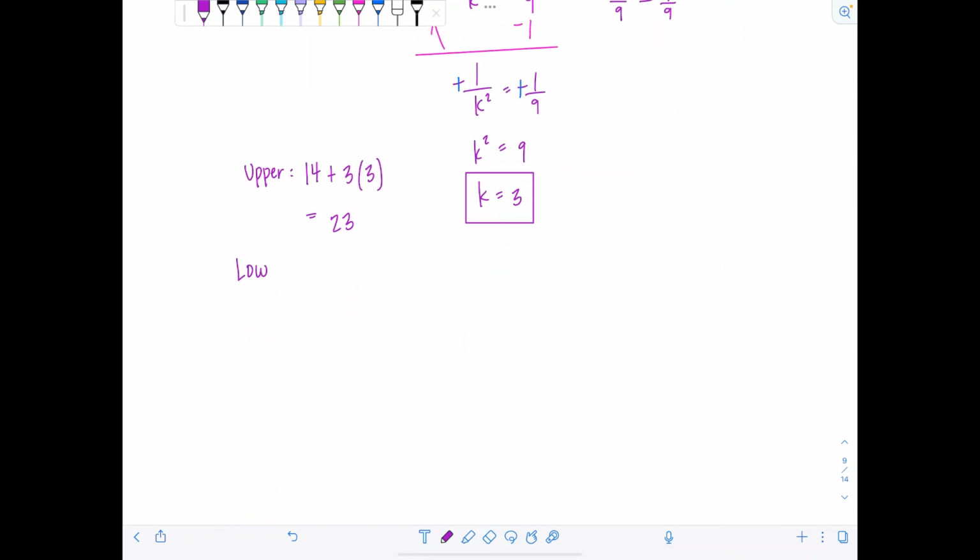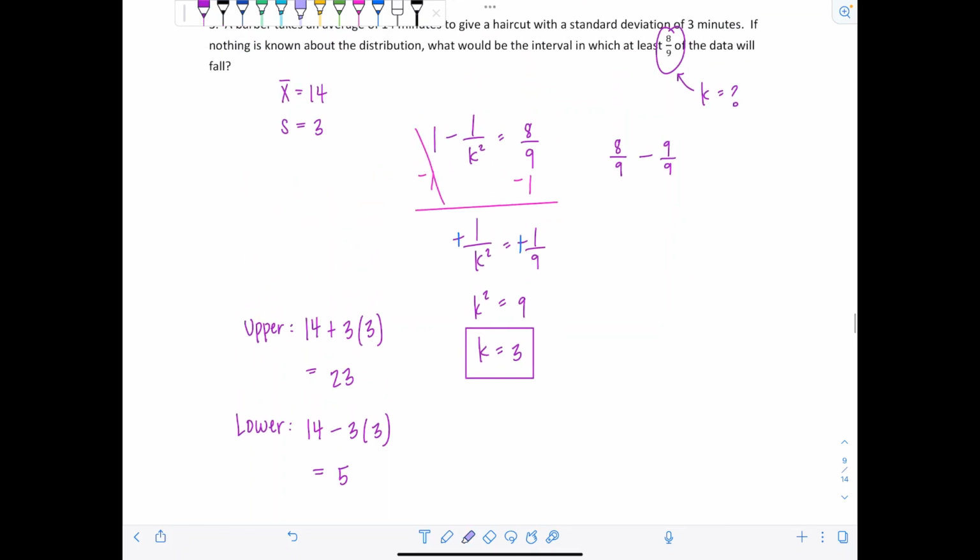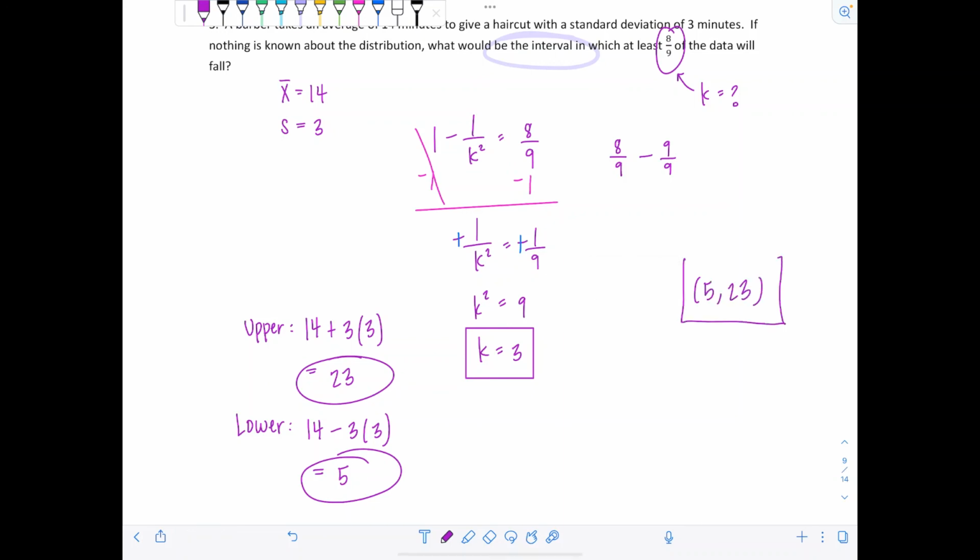And then to get the lower bound, I'm going to take 14 and subtract 3 standard deviations. So 14 minus 9, that's 5. And you see how this time the problem asked for an interval. Well, we know how to write our answers in interval notation. From 5 to 23, you always have to list them in increasing order. Put a comma between, and you're done. Bam.